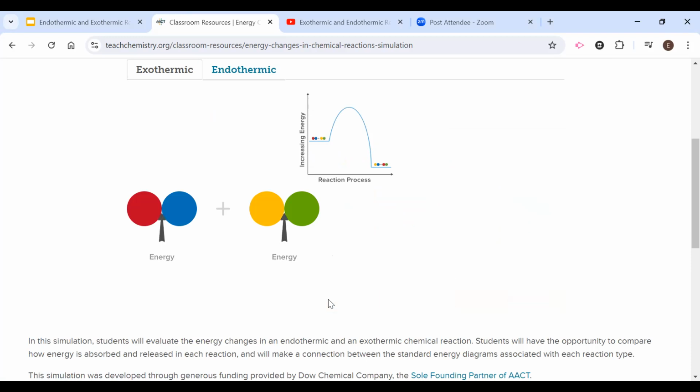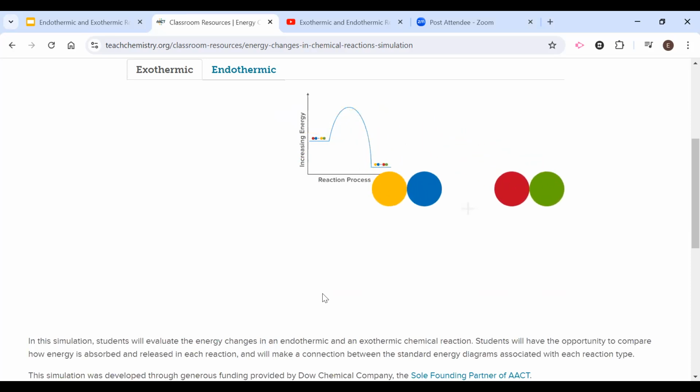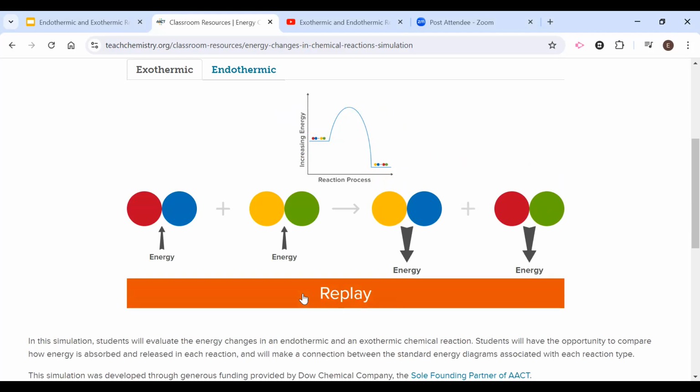You break the bonds, make new bonds. There's rearrangement. Overall reaction. Energy is released. That's why you see more here. Because these reactants have more energy, they don't need to absorb a lot of energy for the reaction to take place. But because energy is released, the product has less energy than the energy of the reactant.